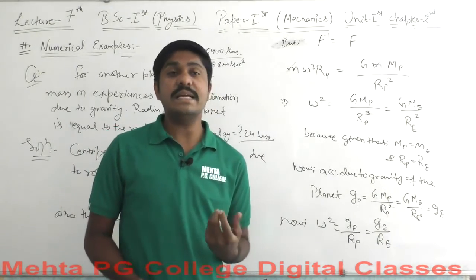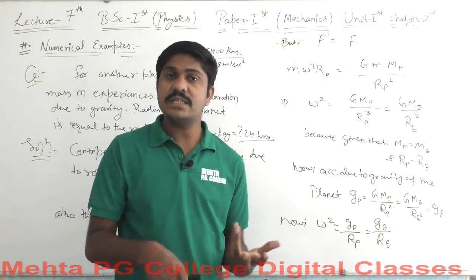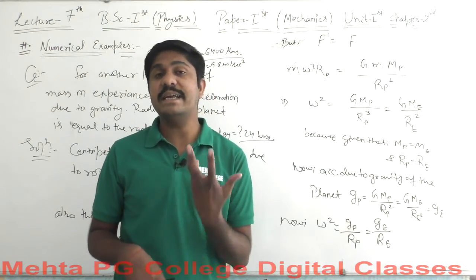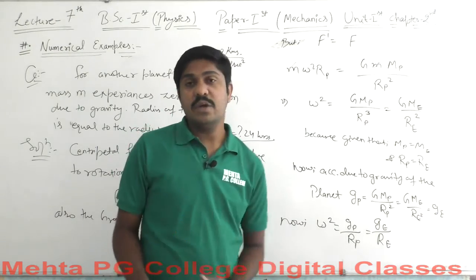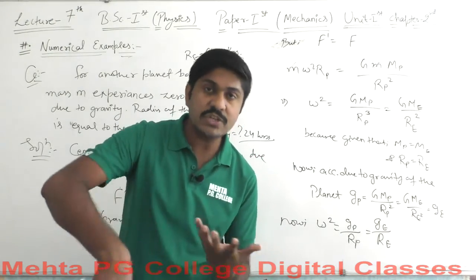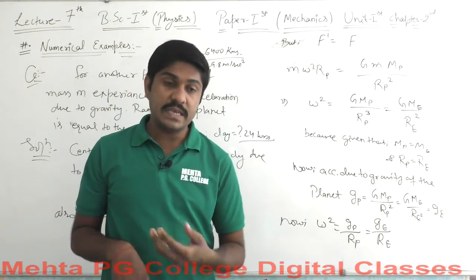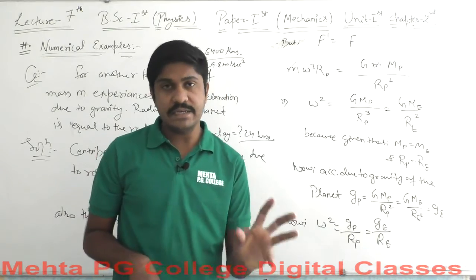A day is defined as when the earth completes its full rotation on its own axis. The same applies to the planet: when the planet completes a rotation on its own axis, that term will be said to be a complete day.